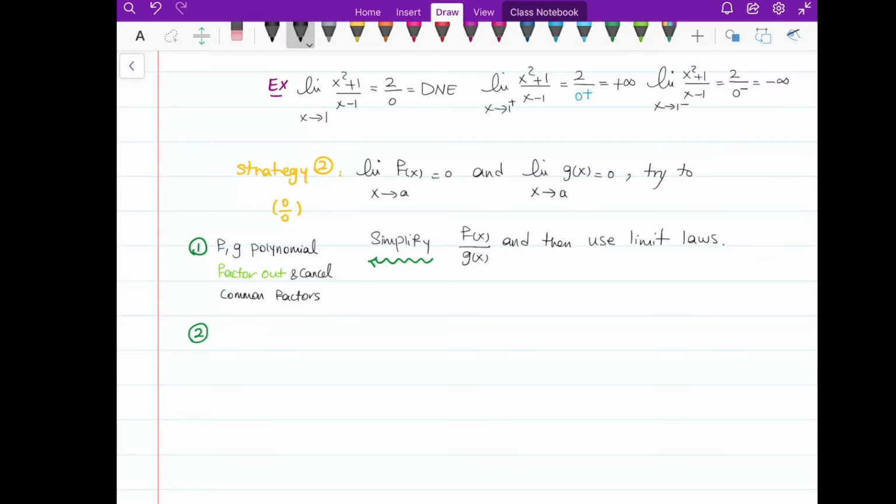Or the second strategy, if f and g contain some expression with a square root, then we're gonna multiply f and g by the conjugate of the expression.